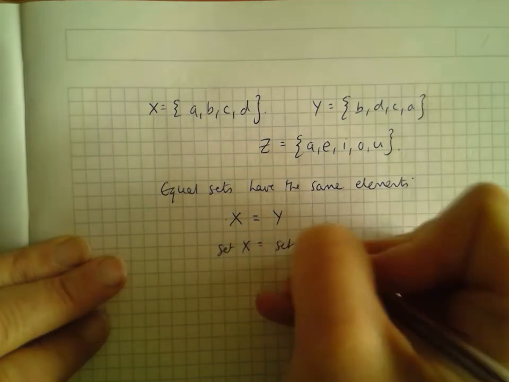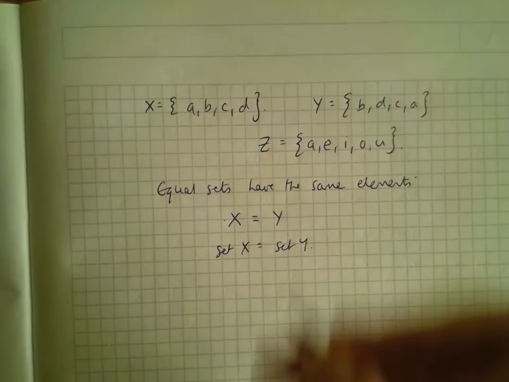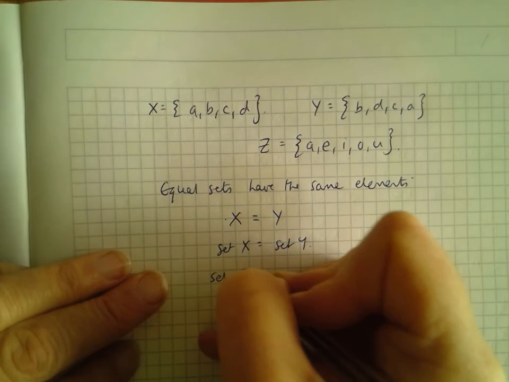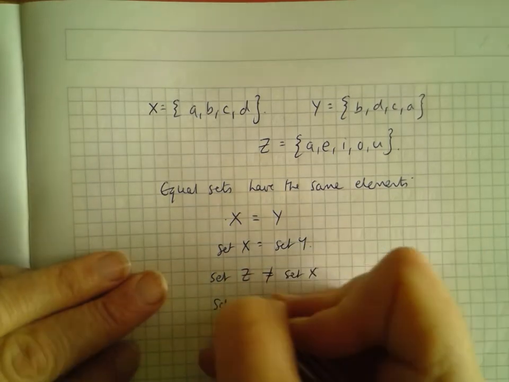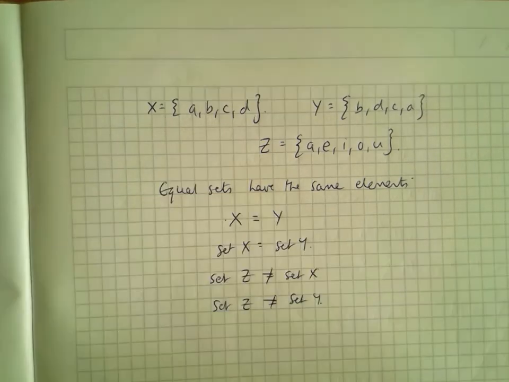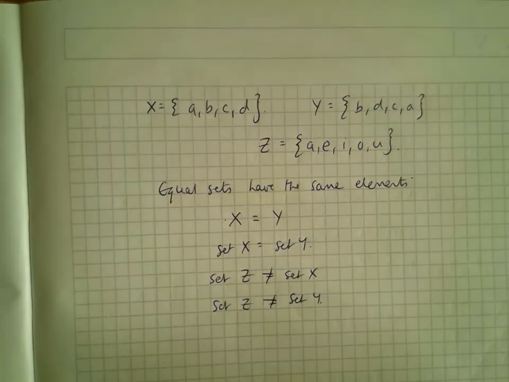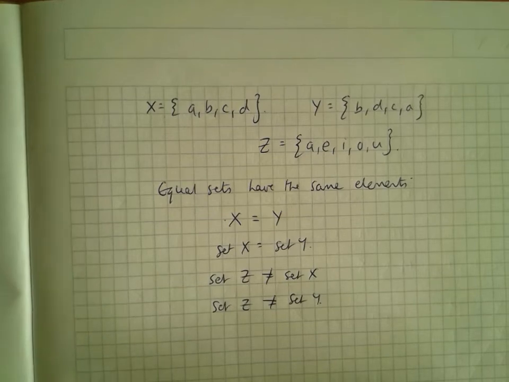Set Z is not equal to set X, and set Z is not equal to set Y because they don't have the same elements.